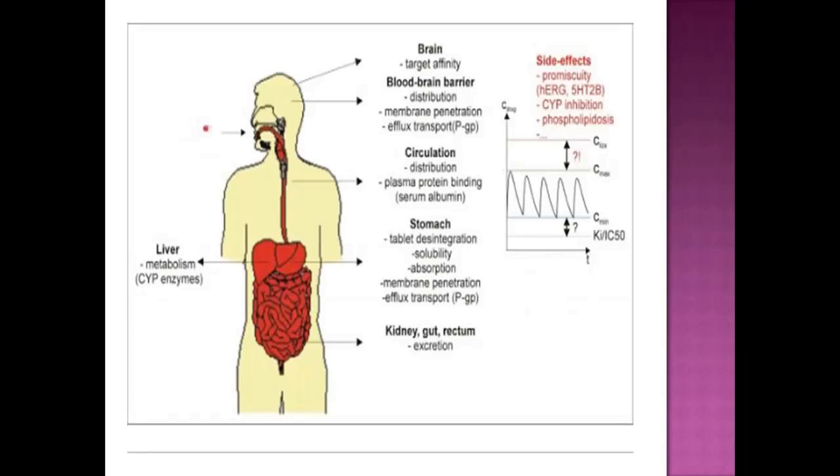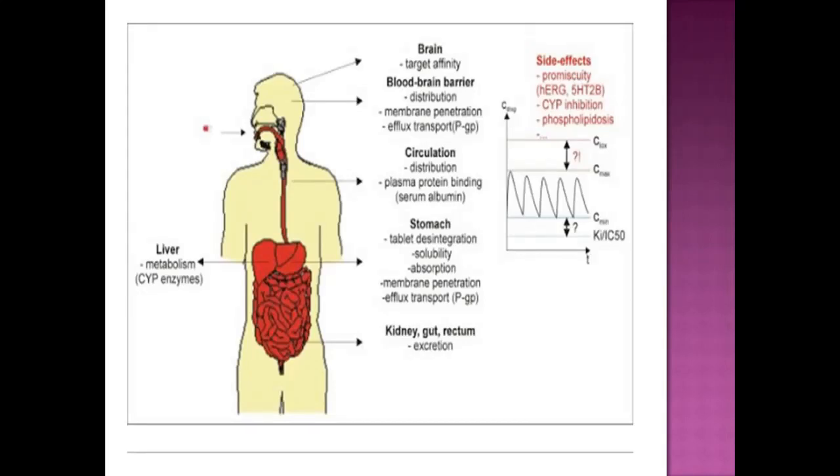So here again we can see what the drug is doing to the body when it is taken orally. What happens in the brain? It might be the target affinity. In the blood brain barrier, what happens? There will be the distribution and the membrane penetration as well as efflux transport.